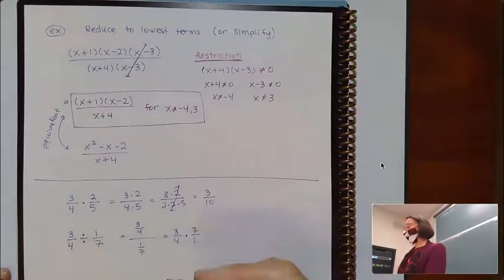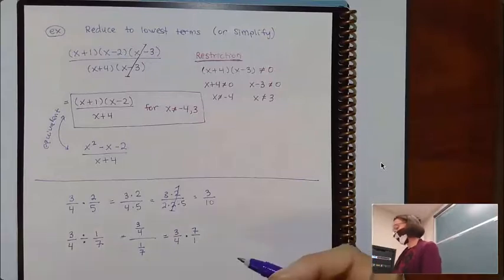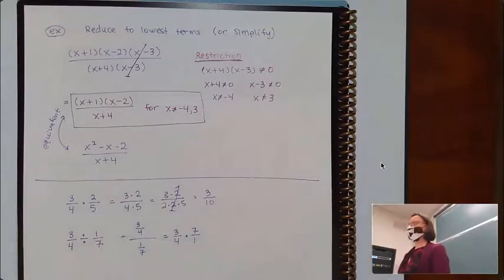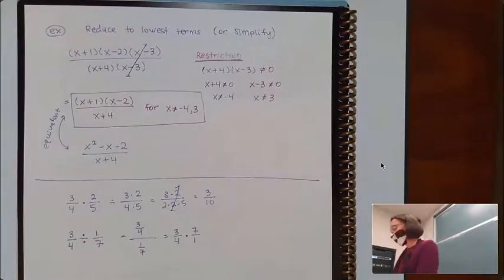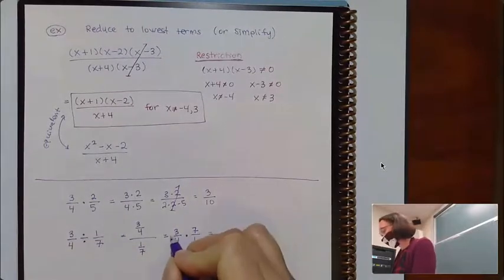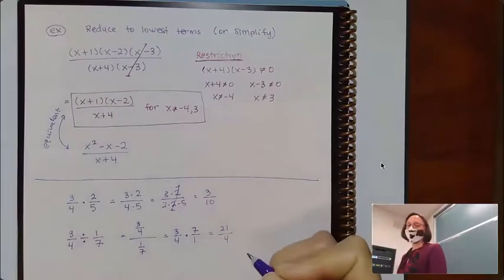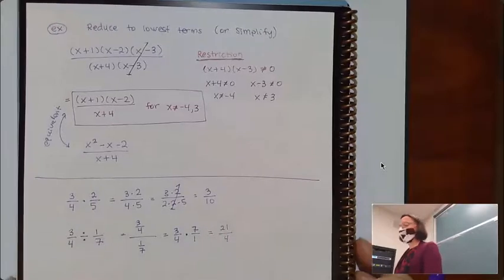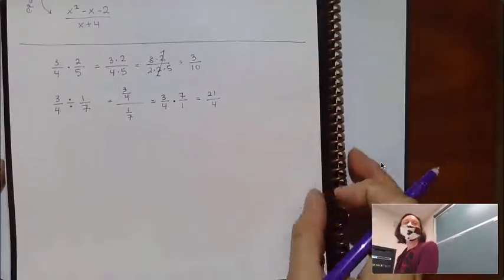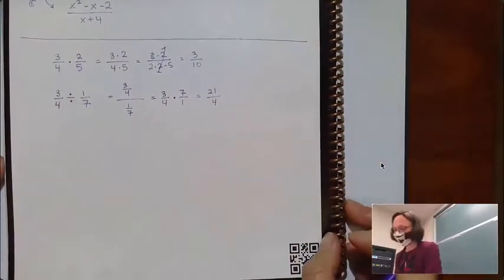And we can revisit why that works, but I'm thinking at this point, we're just going to use it that dividing by a fraction is the same as multiplying by its reciprocal. Once this is in multiplication form, then I can multiply straight across and say that's 21/4. Well, if it works for numbers, it's going to work for letters too.